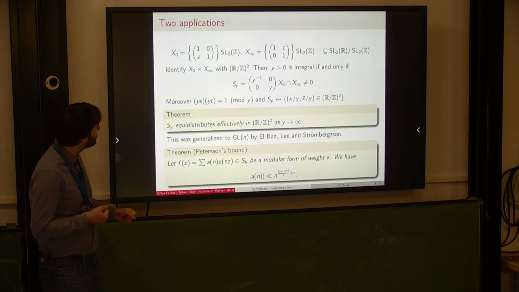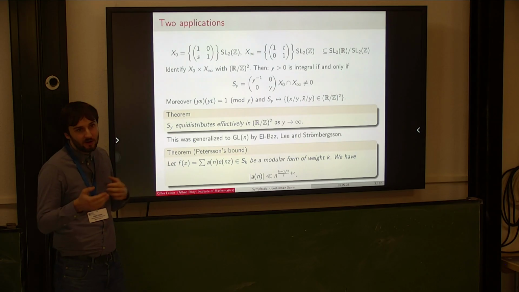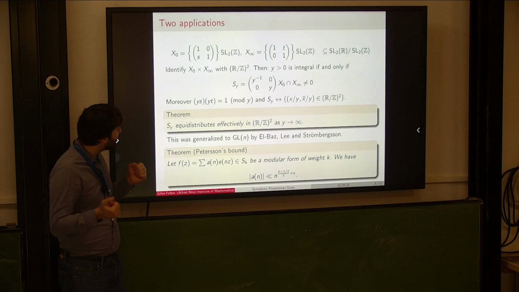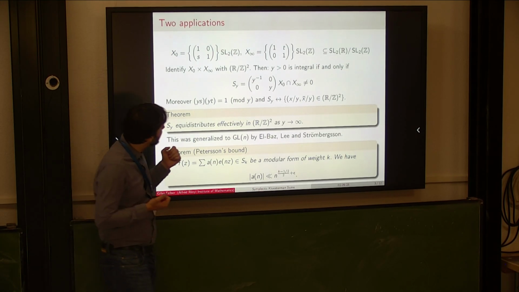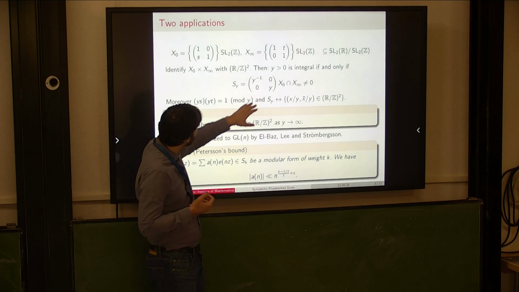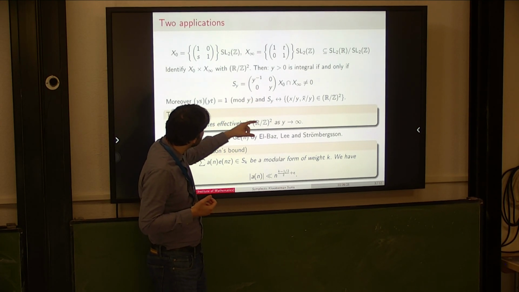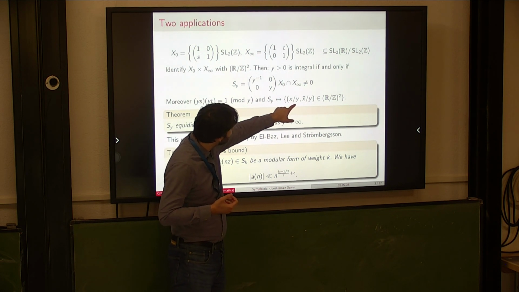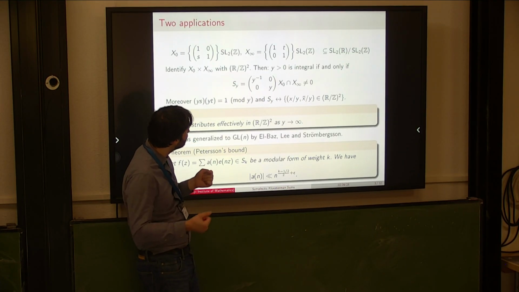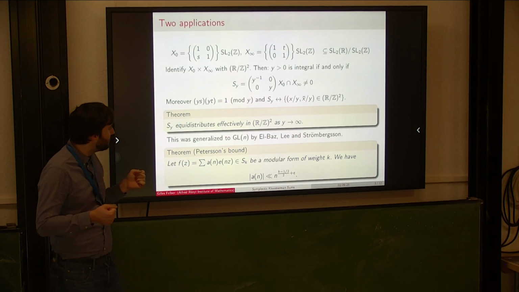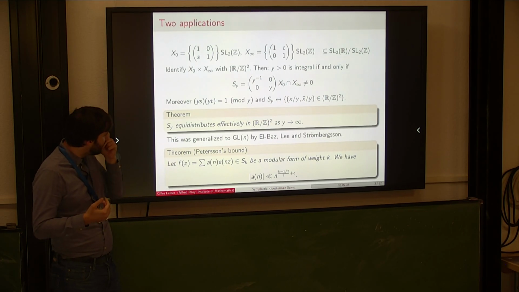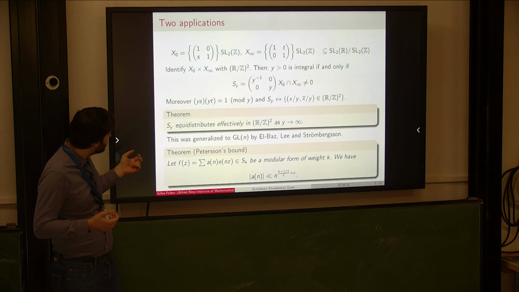The first application is in the spirit of what Minley was speaking about earlier. There is a geometric interpretation, at the intersection of two horocycles. But in the end, if y bigger than 0 is an integer, you look at the points (x/y, x bar/y), where x is running mod y, in the torus square.